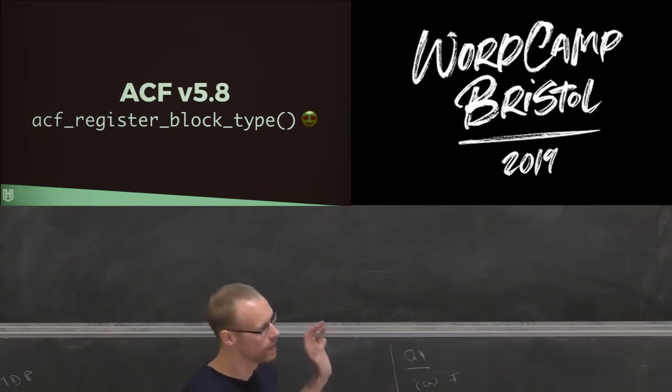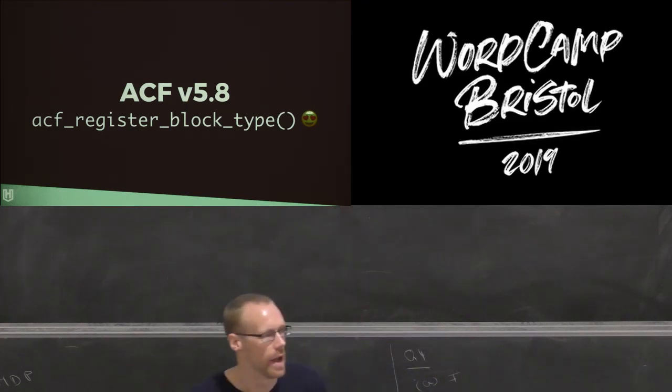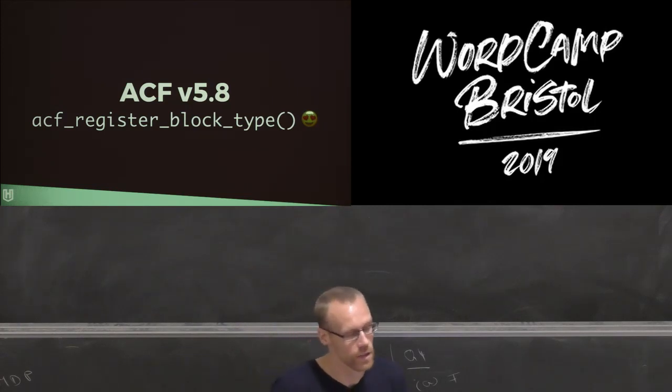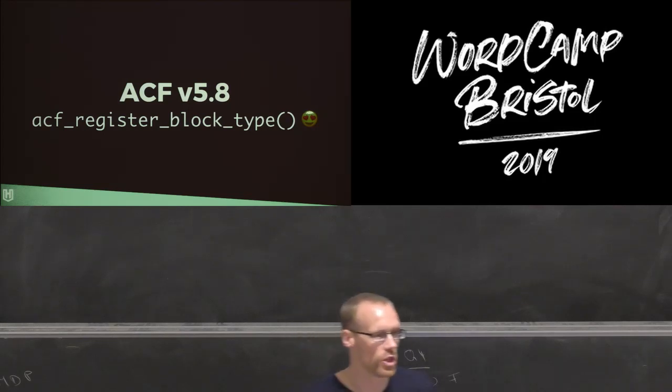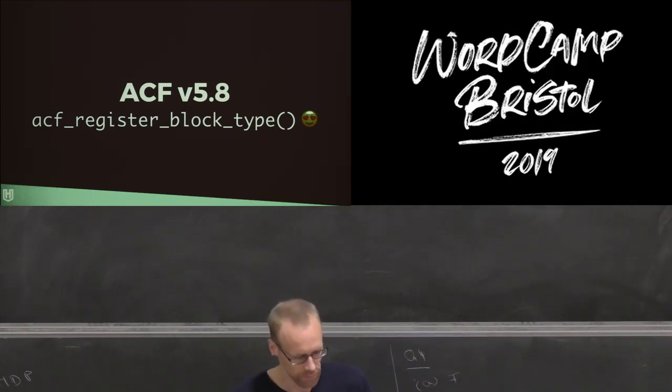What this update does is it allows Advanced Custom Fields users to create what we might call native blocks in Gutenberg, in a very similar way to how they've created fields and field groups in the past. As a developer, there is not very much change to the way in which you need to work to create Gutenberg blocks without writing any JavaScript at all and having to worry about React and all that sort of stuff.